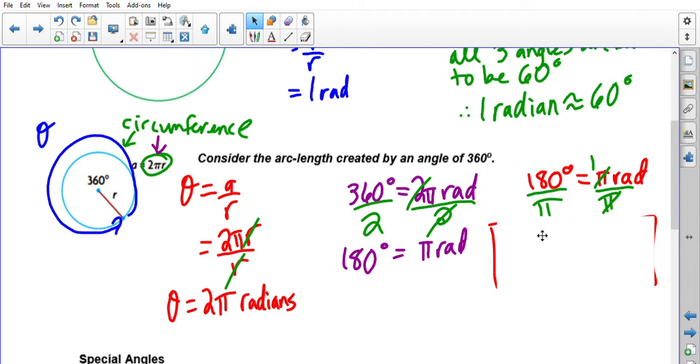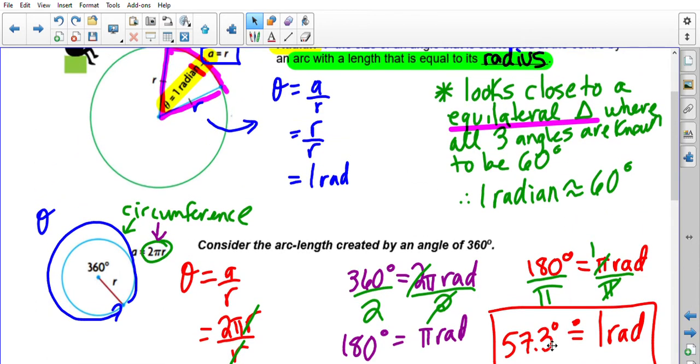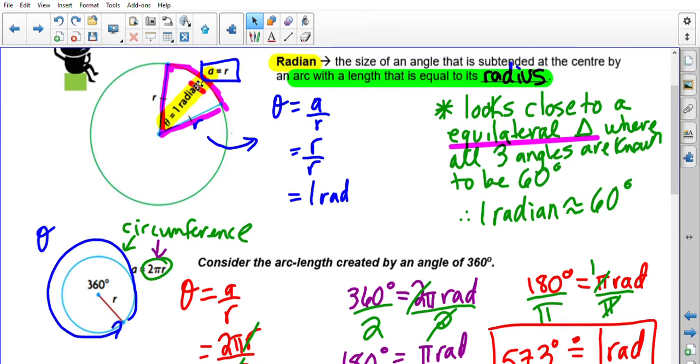When I divide both sides by pi, I get left with the statement that 1 radian is approximately equal to 57.3 degrees. If you enter that into your calculator, 1 radian is approximately 57.3 degrees. Remember, that represents when the angle created has an arc length that's equal to the radius.